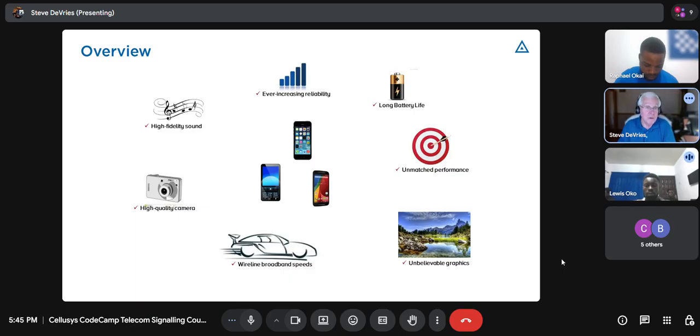That was a big deal. Today we've got things like long battery life, which was never available back then, performance and graphics and picture taking and sound, and the speeds are incredible. It's just an amazing device.